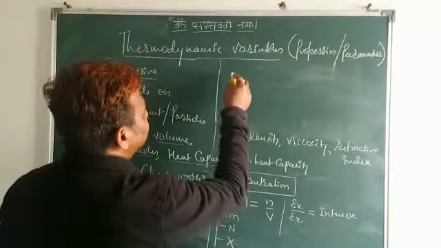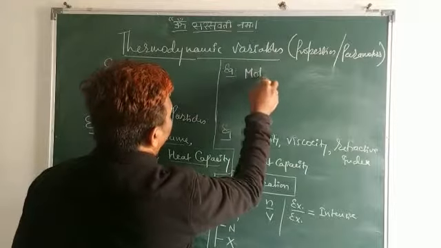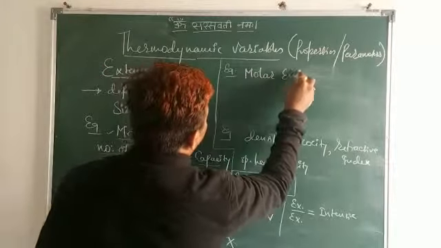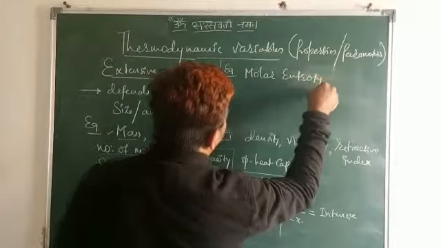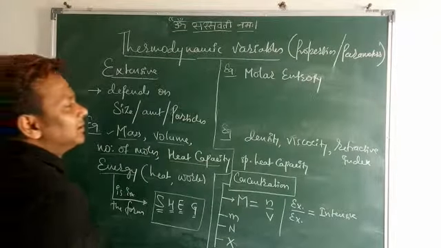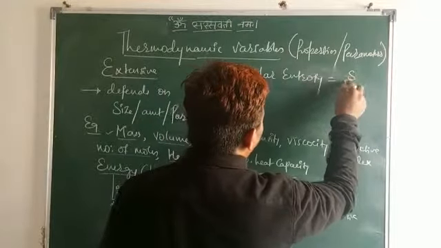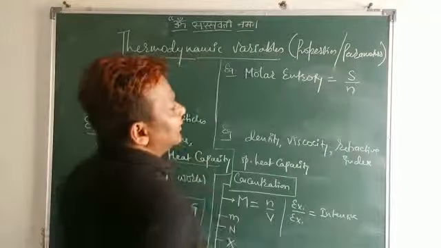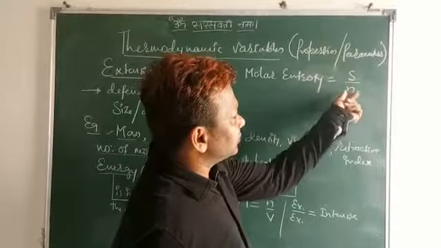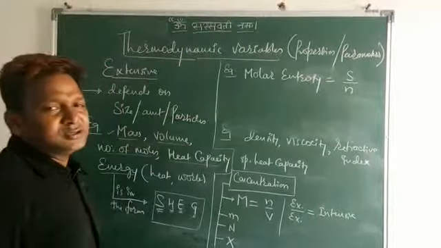One more example here: molar entropy. Molar entropy is also an example of an intensive property. Molar entropy is the ratio of entropy to moles. We know that entropy is extensive and number of moles is extensive, and the ratio of two extensive properties becomes an intensive property.